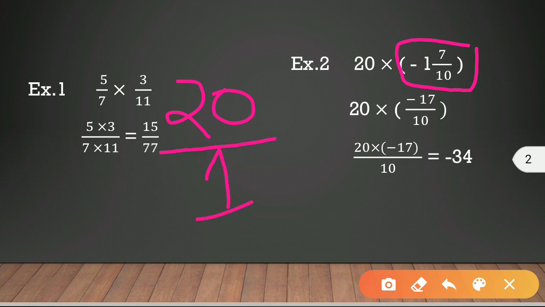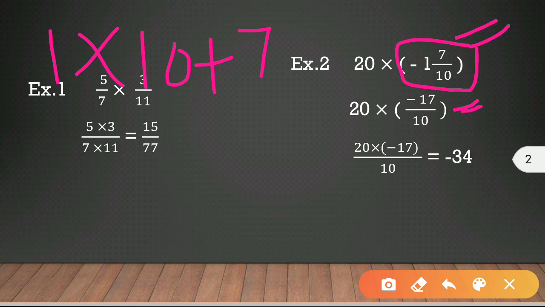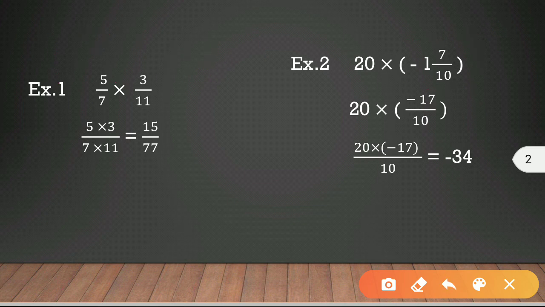Now change this mixed fraction into a simple fraction: 1 into 10 plus 7 gives you 17 by 10, and the minus sign stays as it is. So 20 into minus 17 by 10.